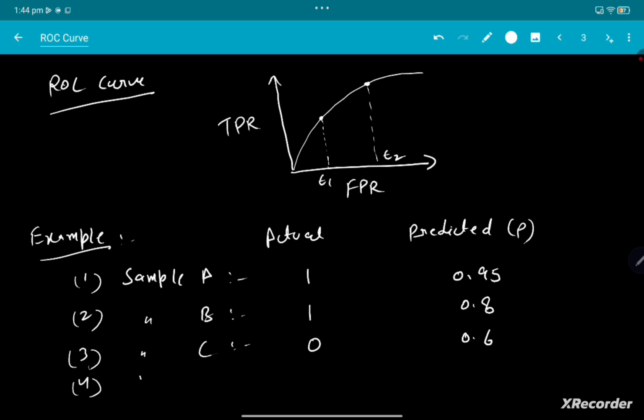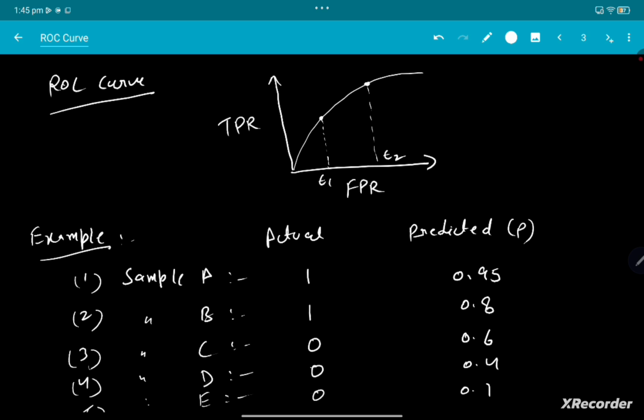For the fourth sample, the actual value is 0 and predicted is 0.4, and for the fifth sample, the actual value is also 0 and predicted value is 0.1. So we have these 5 samples.